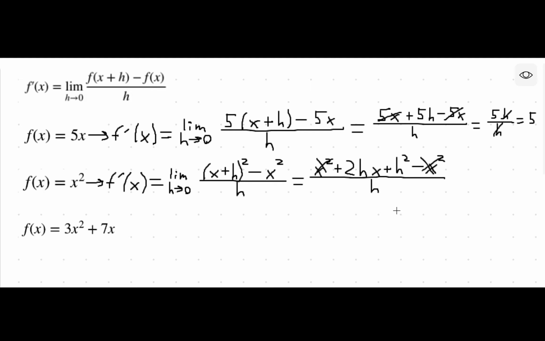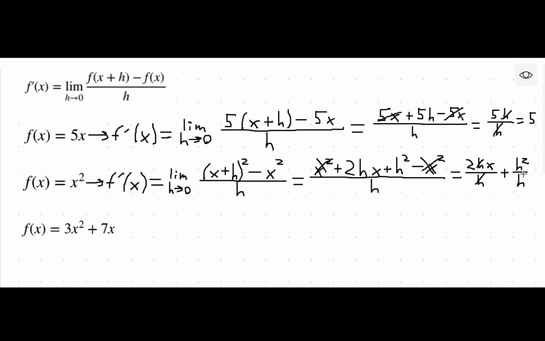So what I can do is take 2hx and divide it by h, and then take the h squared and divide it by h. Now if I look at the first term, the h's cancel out.